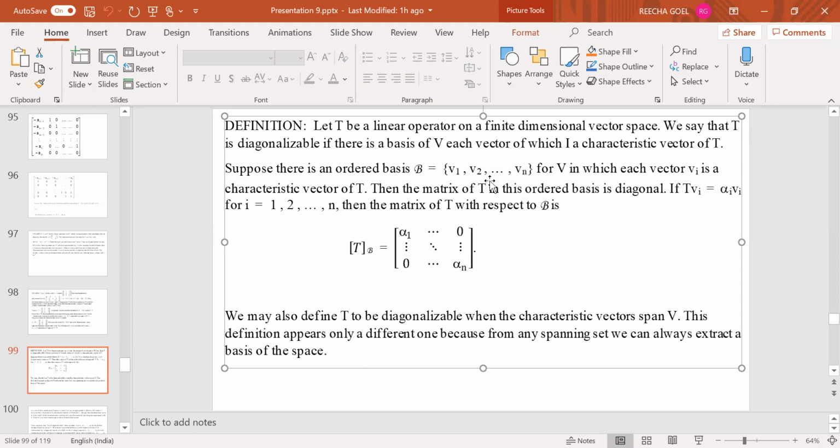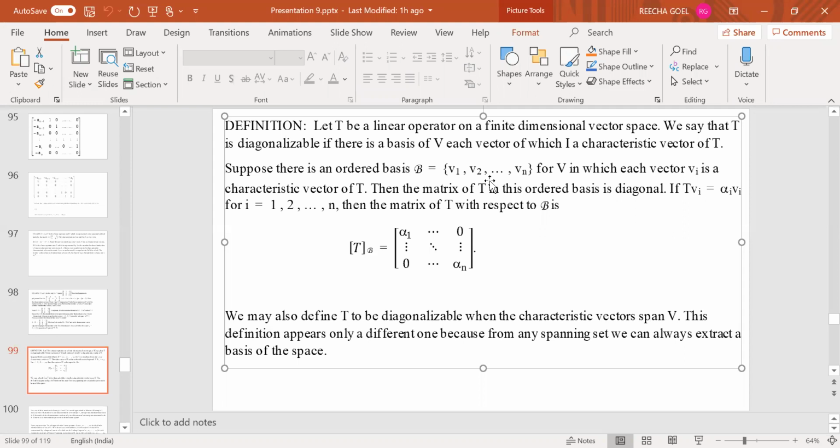So if there is a base of the vector space which consists of only characteristic vectors, then the matrix of T belonging to this particular base is always going to be a diagonal matrix.